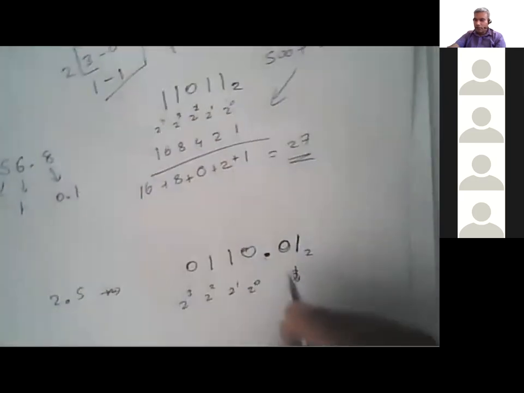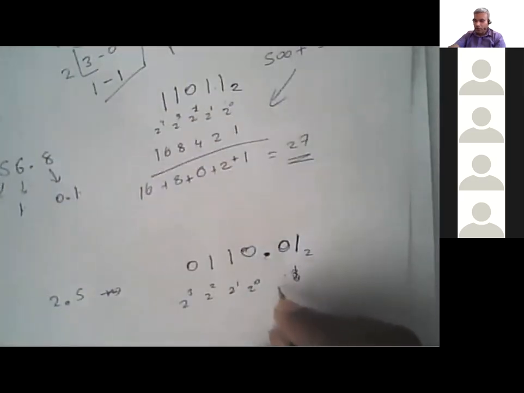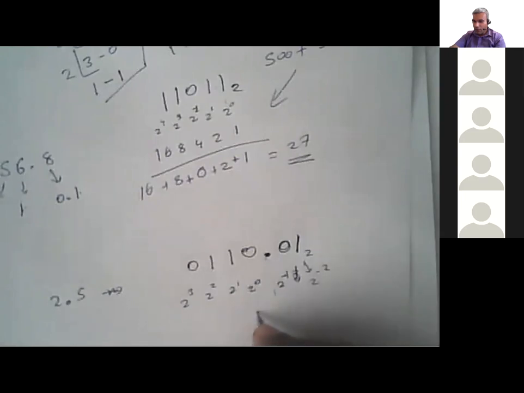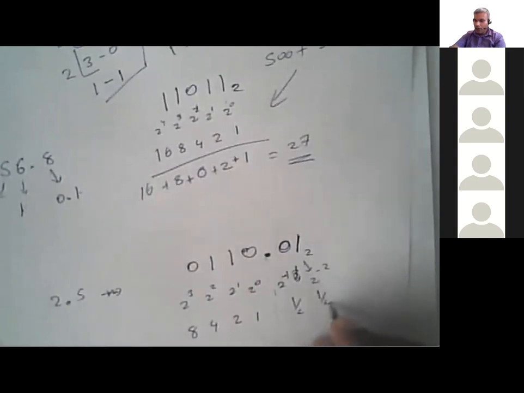Similarly, this one would be 2 to the power minus 1 and 2 to the power minus 2. So if you write the values, here you have 1, 2, 4, 8. After the radix point, you have half and quarter.